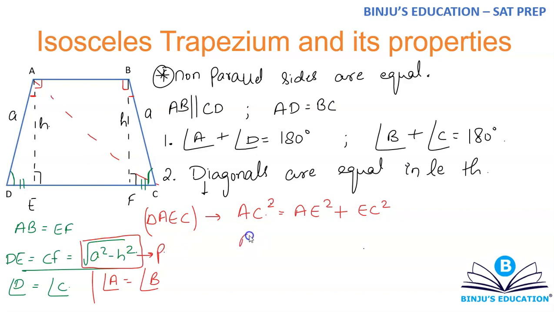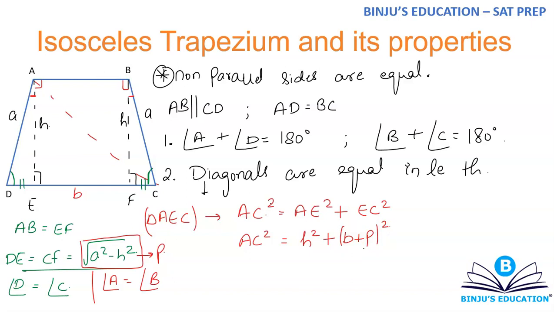So I can say that your AC square will be equal to AE square, which is the height square, plus EC. Now EC here is made up of two things, EF and FC. So let's say EF is equal to some value B. This will simply become B plus P whole square.